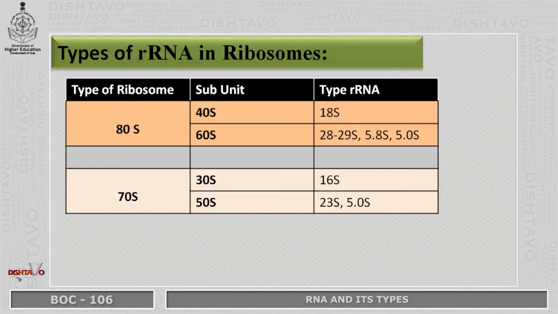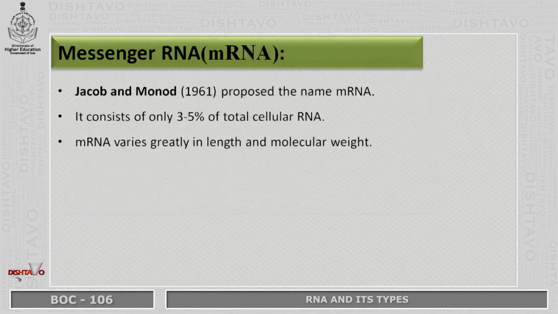In the larger subunit, that is 60S of 80S type ribosome, the types of rRNA present are 28S, 5.8S, and 5S. In 70S type of ribosome, the smaller subunit, that is 30S, contains 16S type of rRNA, and the larger subunit, that is 50S subunit, contains 23S and 5S. S stands for sedimentation coefficient or Svedberg constant.